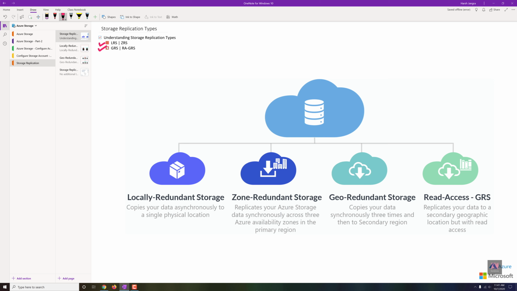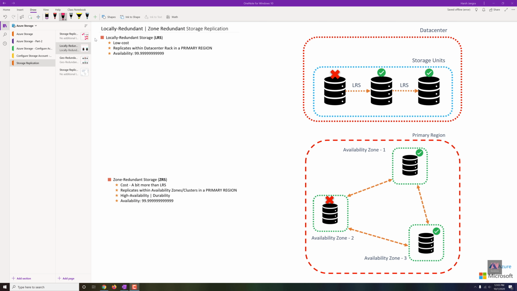So guys, let's begin with the very first option in storage replication type, that is locally redundant storage. So guys, if you need to choose a solution from Azure Storage which has a low cost, then you have to choose only and only locally redundant storage.